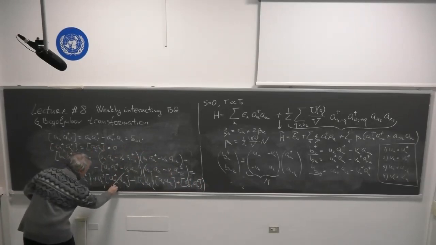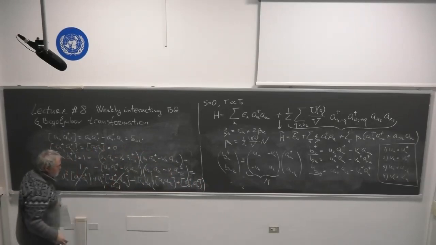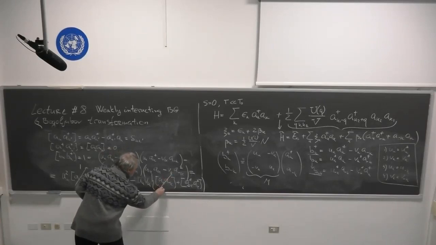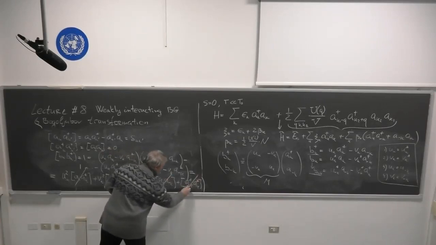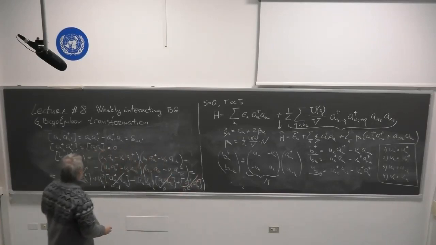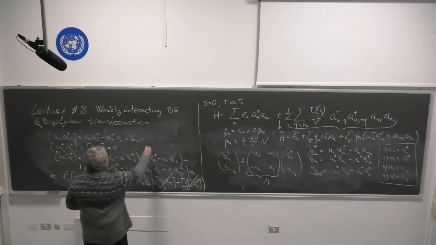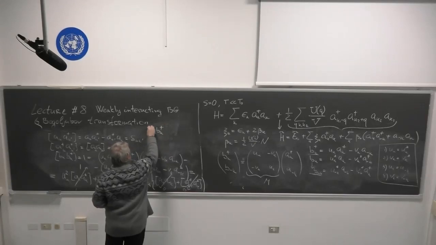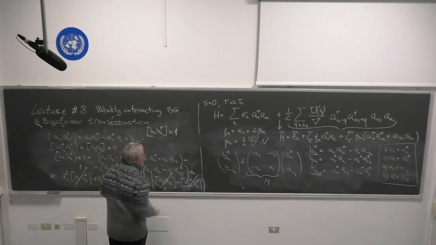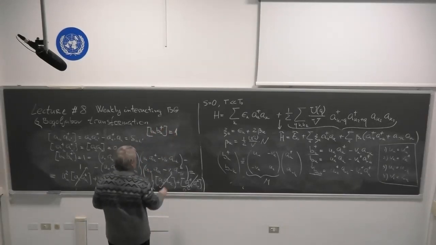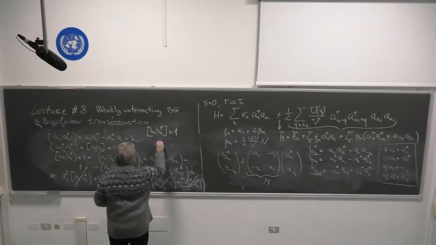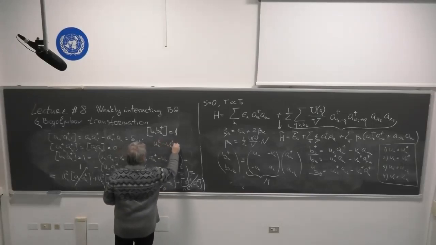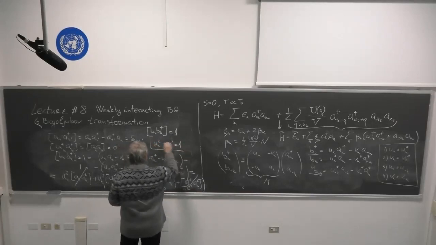This commutator, according to the first line, is equal to minus 1. This commutator is equal to 0, and this commutator is equal to 0. Therefore, from the condition that BK BK dagger is equal to 1, having bosonic commutation relations, I immediately get that UK squared minus VK squared is equal to 1.